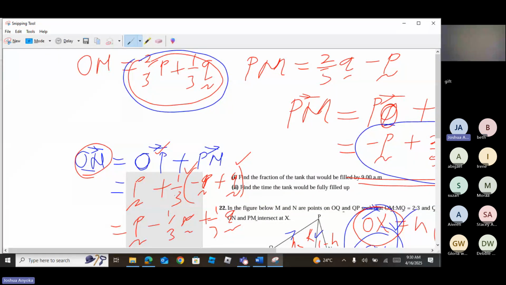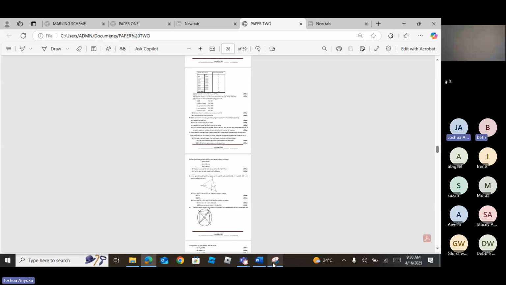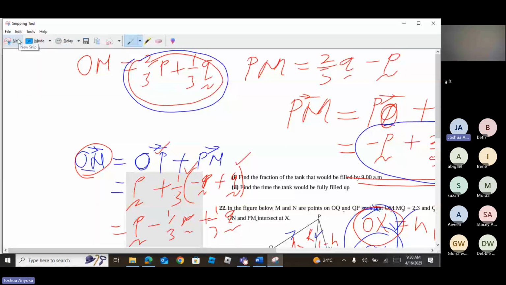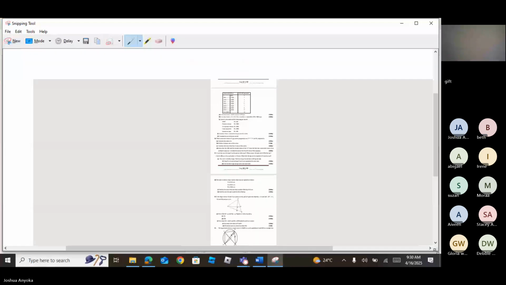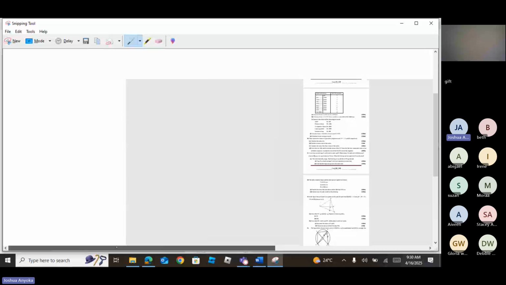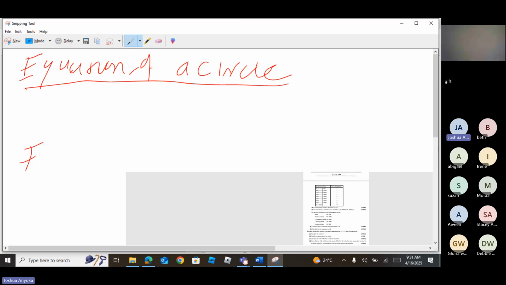Equation of a circle. Equation of a circle.